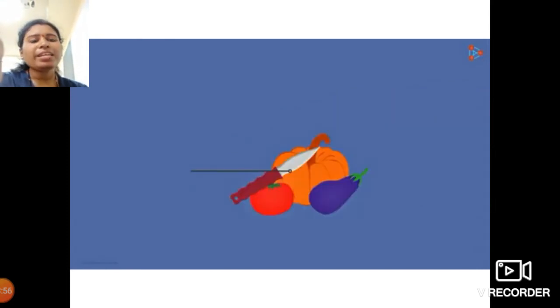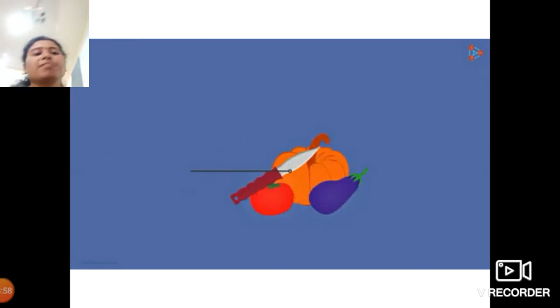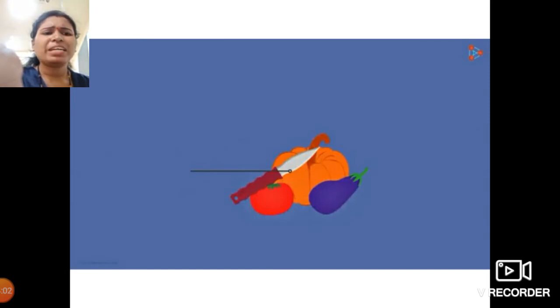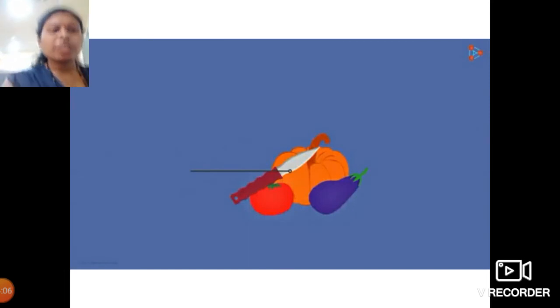Now you can easily cut vegetables. Students, think of this example from our daily routine. You can easily cut the vegetables using the cutting edge of the knife.